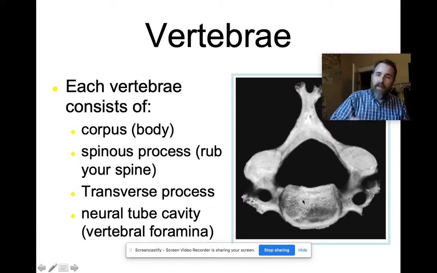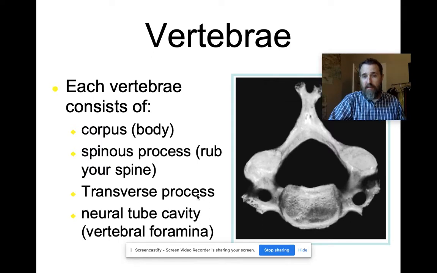Projecting laterally from the corpus, you have the transverse processes. So all the vertebrae are going to look different, but all the vertebrae are going to have bone coming laterally off of the corpus to form a projection. Those are known as the transverse processes.